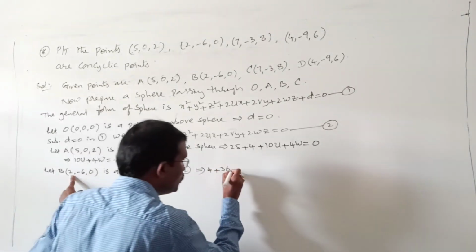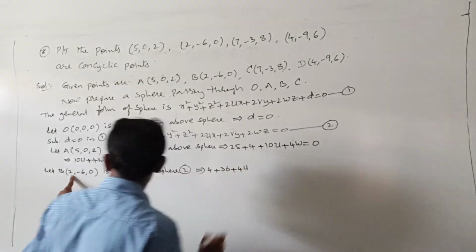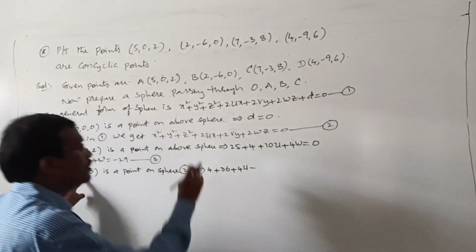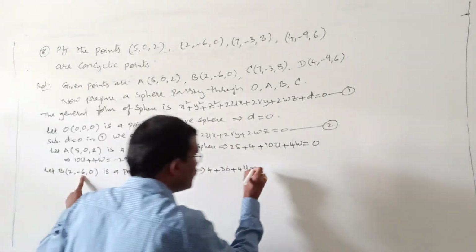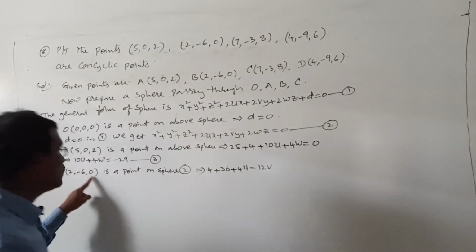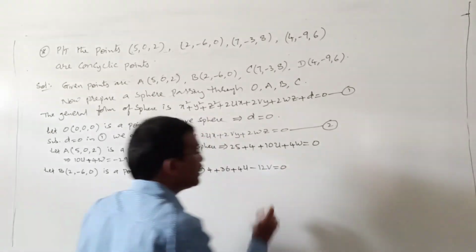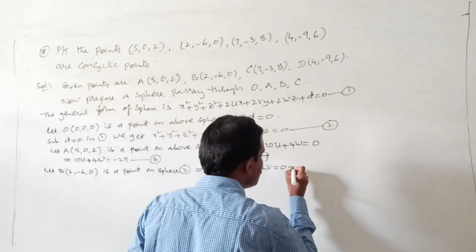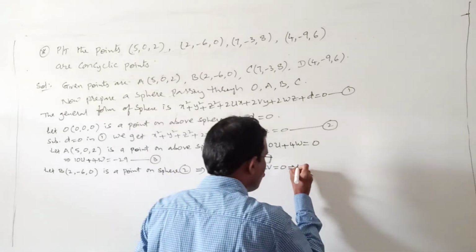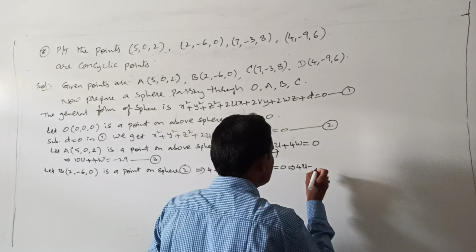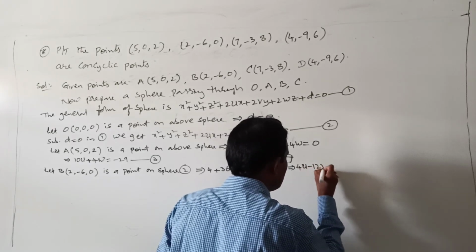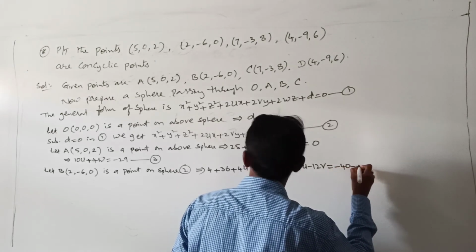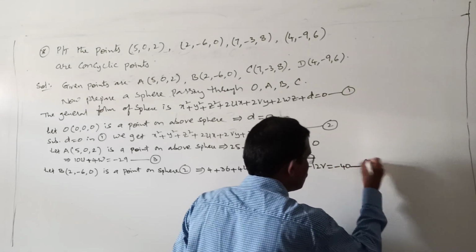X is 2, plus 4u, y is minus 6, minus 12v, w is 0, is equal to 0. Now solve this relation again. If you solve this, you get one expression like this: 4u minus 12v is equal to minus 40. Let this be equation number 4.